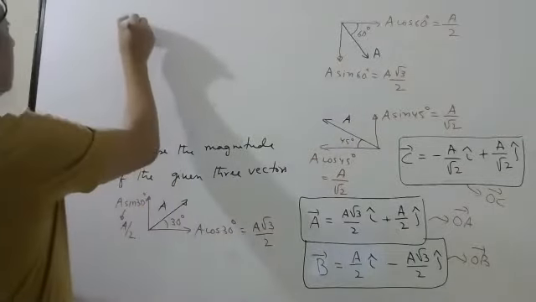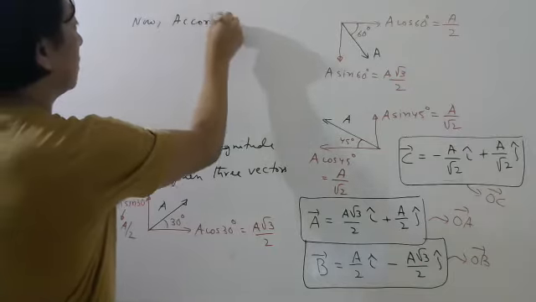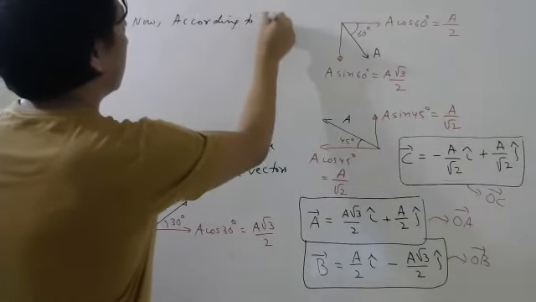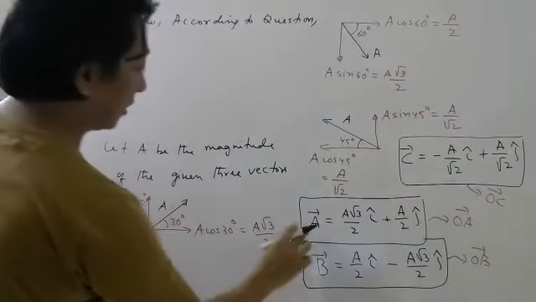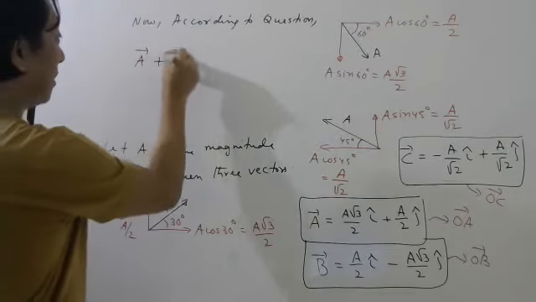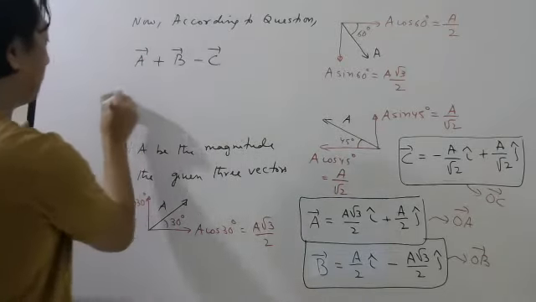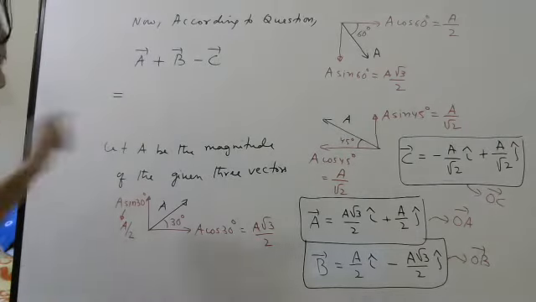So now, according to the question, they want the direction of which vector? A bar plus B bar minus C bar. So you have to put whatever you have found here.